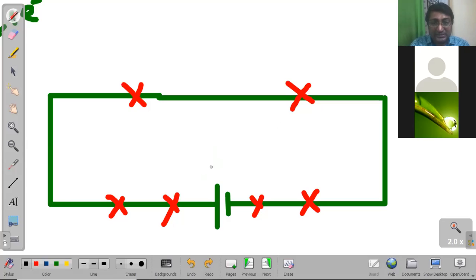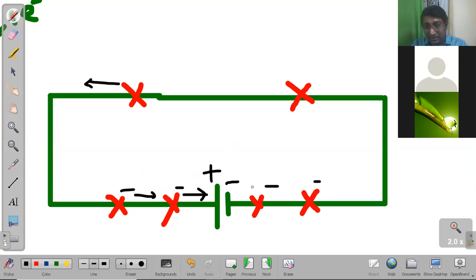Now, this is battery positive and battery negative. Battery positive is a positively charged thing, and electrons are negatively charged particles. So obviously, the negatively charged particles will be attracted towards the positively charged plate. All the negative charges will be moving in this direction.